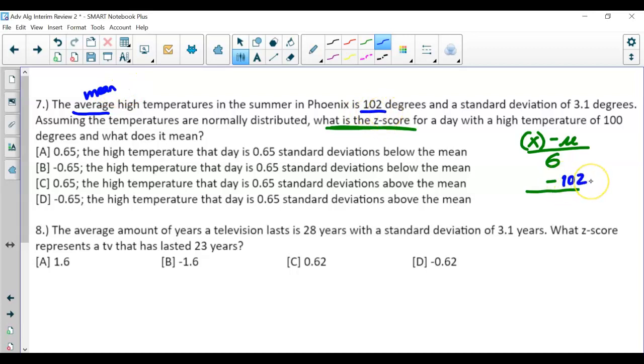Then we're going to divide by the standard deviation, which is 3.1. So what is the temperature that we're converting to a z-score? 100 degrees. So notice the setup here, and because 100 is less, you're going to get negative 0.65, which means that because it's negative, it's below the mean.